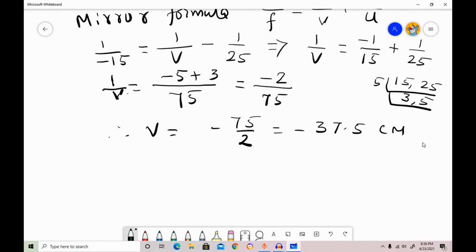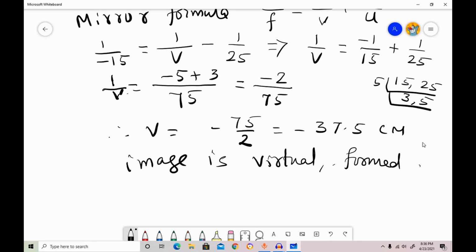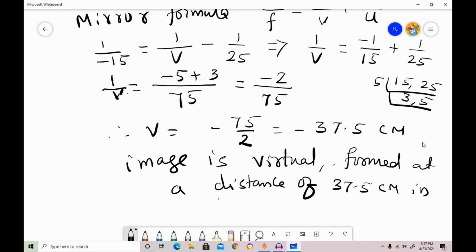So write your answer: image is virtual, formed at a distance of 37.5 centimeter in front of a concave mirror. So this is the first answer.